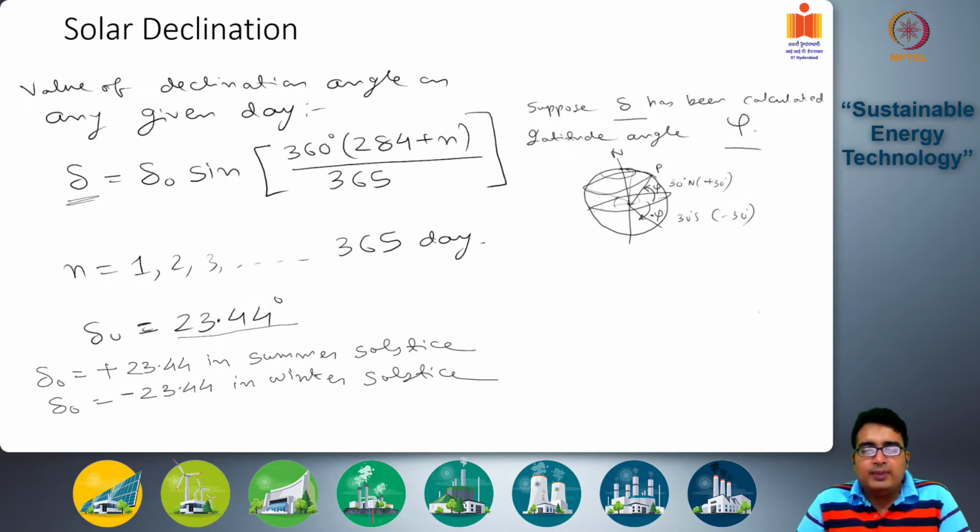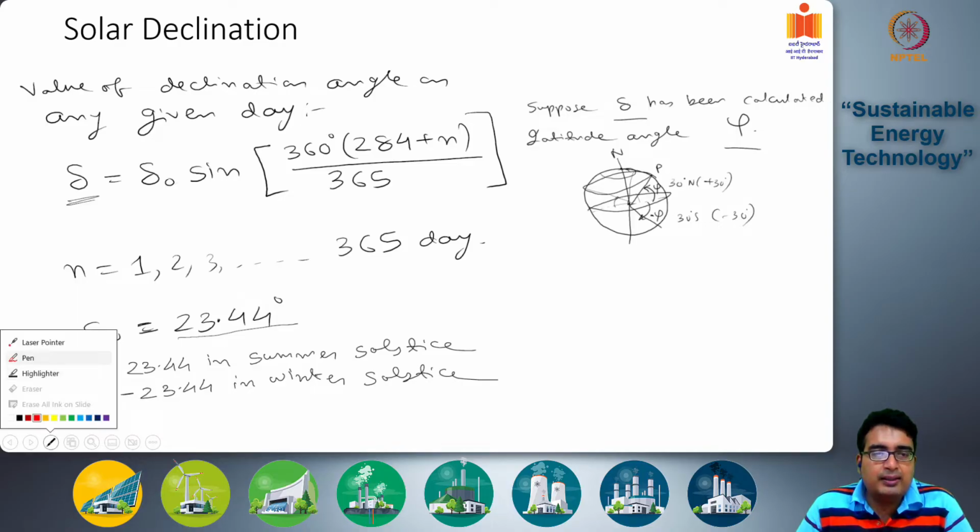So just to recall, in the previous lecture, we discussed something called the declination angle, delta, which is nothing but the angle between what the sun subtends at equinox and what the sun subtends on any other day during the noontime.